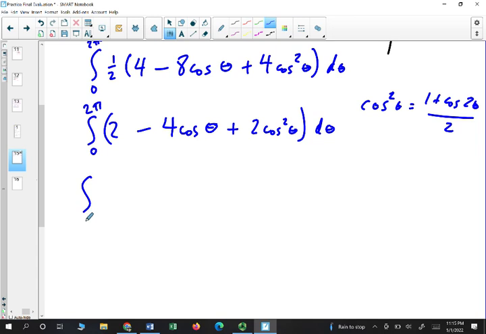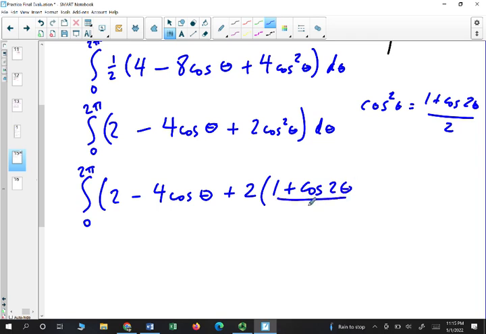Okay, so we have the integral from 0 to 2 pi of 2 minus 4 cosine theta plus 2 times 1 plus cosine of 2 theta over 2.